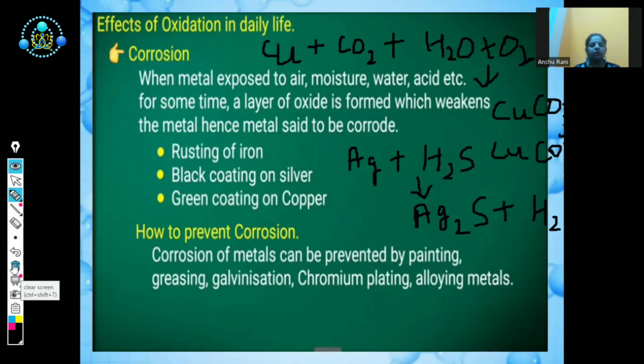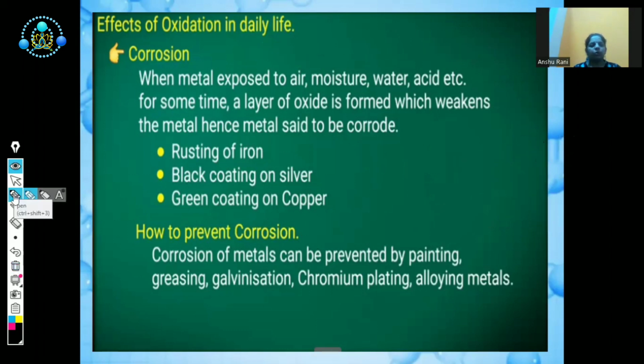I'll write this again. Formation of alkaline copper carbonate is CuCO3.Cu(OH)2. Alkaline copper carbonate is formed, which is green in color.